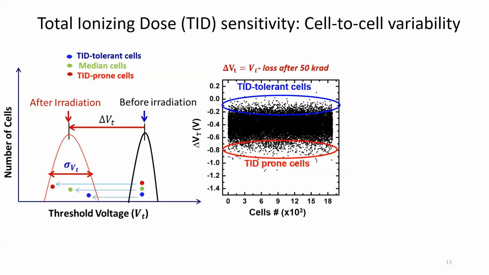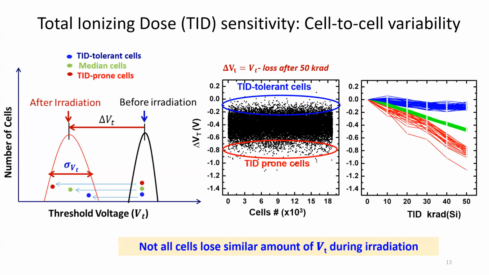Now, this is the measured data from millions of cells. You can see that after radiation, the change in VT, which is the y-axis, varies from -1 volt to 0 volt. So there are certain cells which hardly lost any voltage, but there are many cells which lost more than a volt after 50 kilorad of radiation. And these cells are repeatable.